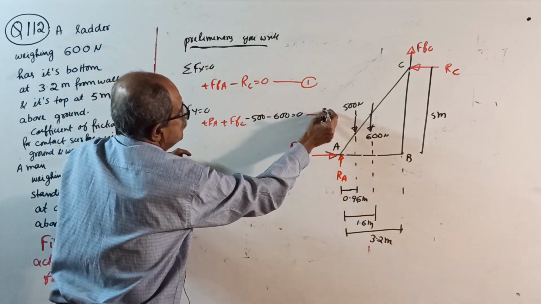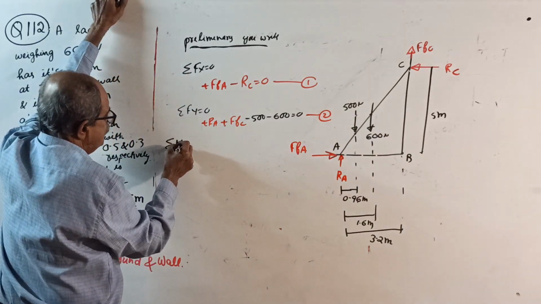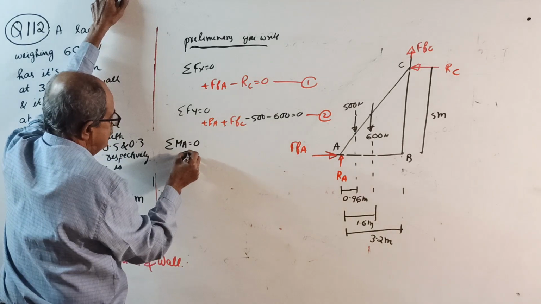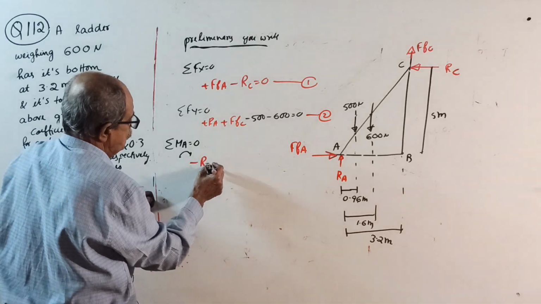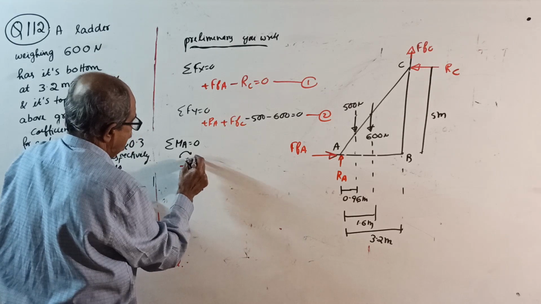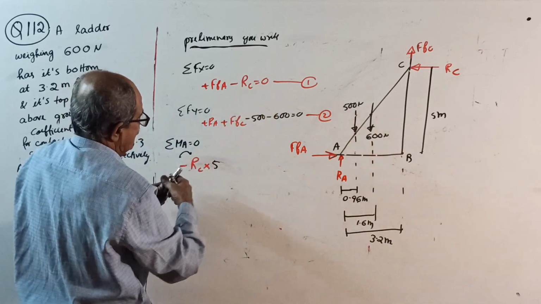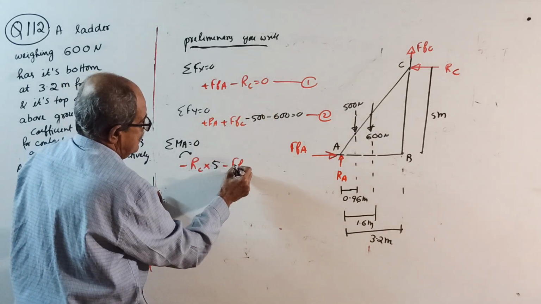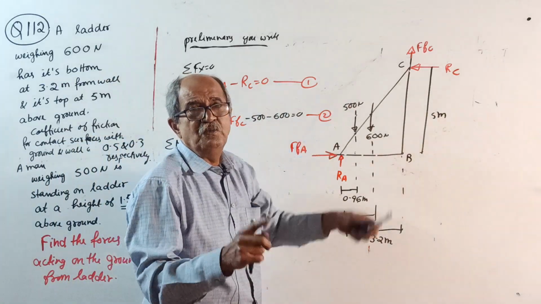Take it as equation number 2. Then sigma M about A equal to 0. Clockwise positive. Minus RC into 5. Then minus FC into 3.2. Remember now, you should not write FA, FC equal to mu R. Why?